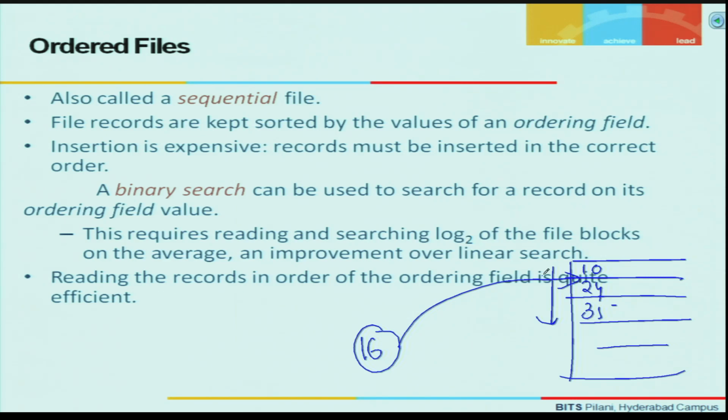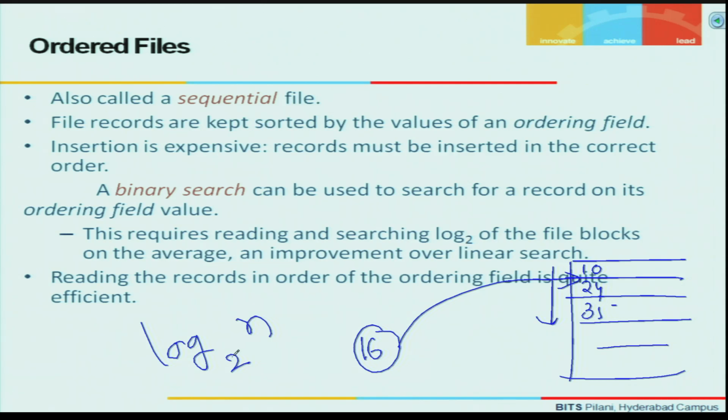Then searching becomes very easy because the records are already in sorted order. We can apply binary search. If you have n number of blocks, on average I require log n to the base 2 block accesses to search for a record.